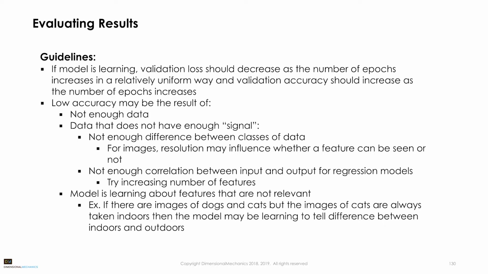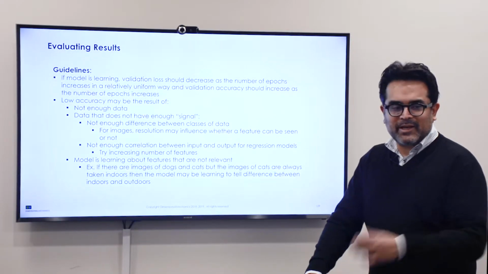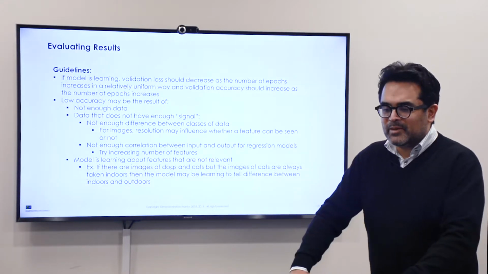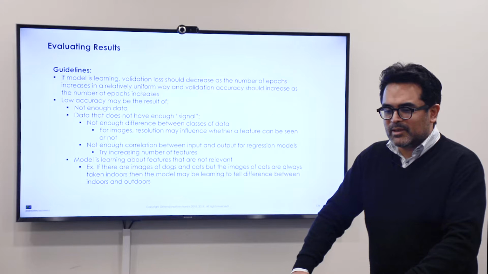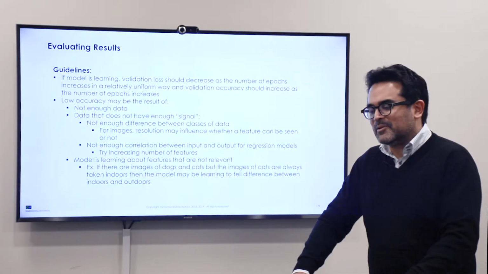The second thing is there are issues like not enough data. There's not enough signal in the data. For example, I was working on one training set where a human couldn't differentiate one from the other, but they were supposed to be different because a makeup expert said that this was different from the other.